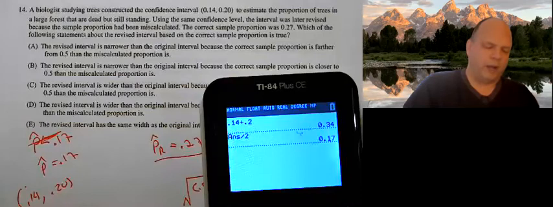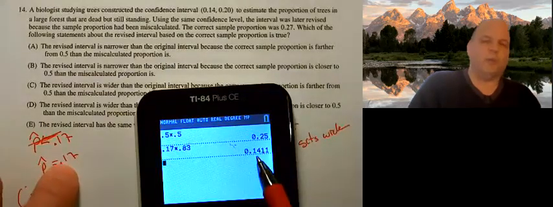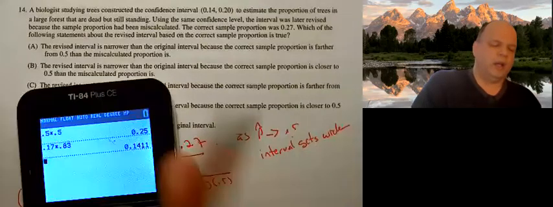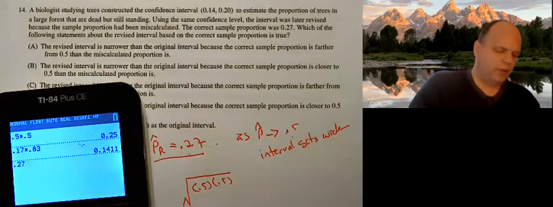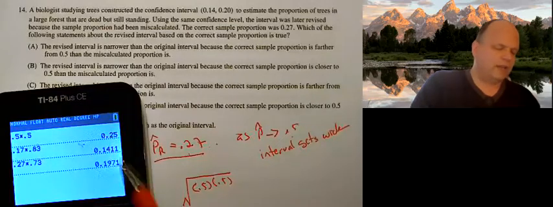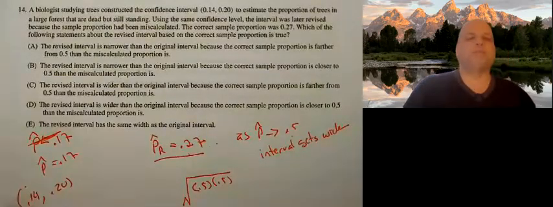And let's multiply those out. 0.5 times 0.5, and you see you get 0.25. Here would be 0.17 times 0.83, which is only 0.1411. And over here, it would be 0.27 times 0.73, and that's definitely wider than this. So this will give us a wider interval than this one.